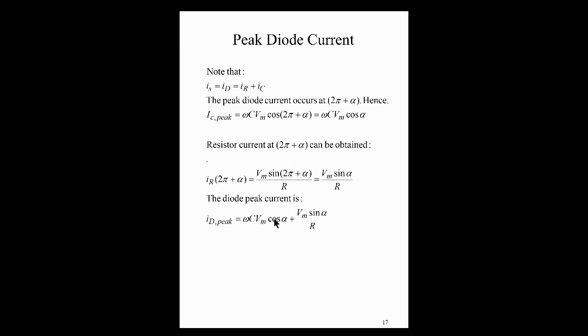So this is for the capacitor over here, and this one for the resistor. Right, so this is the expression for your peak diode current.